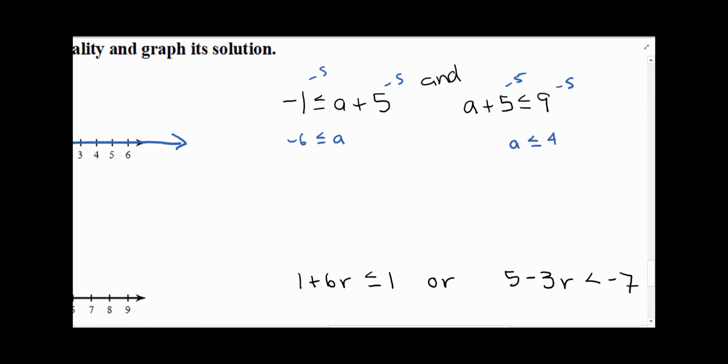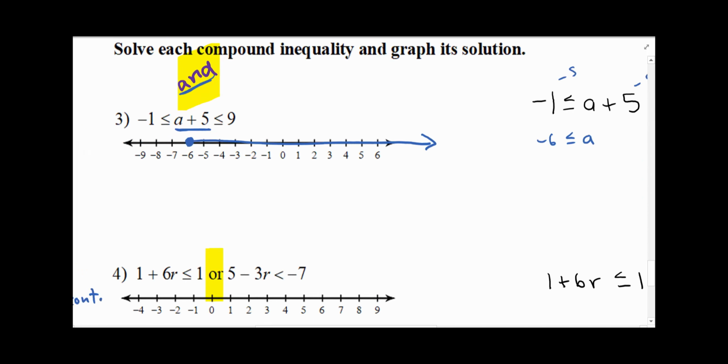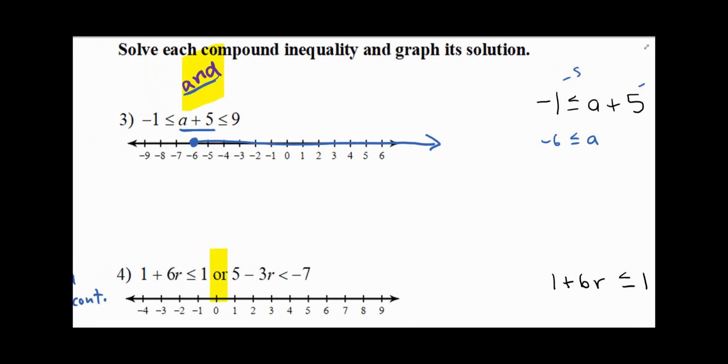Yeah, they're both solid lines, all right? A is less than or equal to 4. So solid line at 4, and we're going to go this direction. And on an and statement, where these two overlap, that's the solution set. So interval notation would be negative 6 to positive 4.